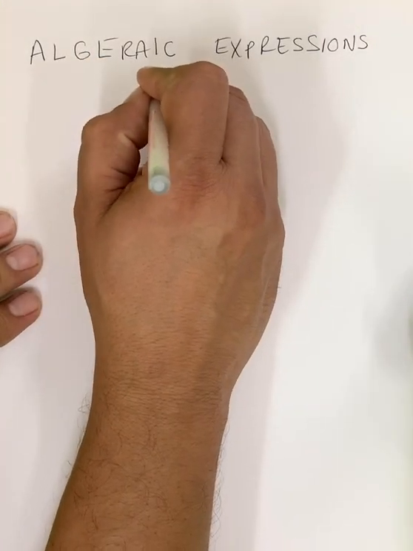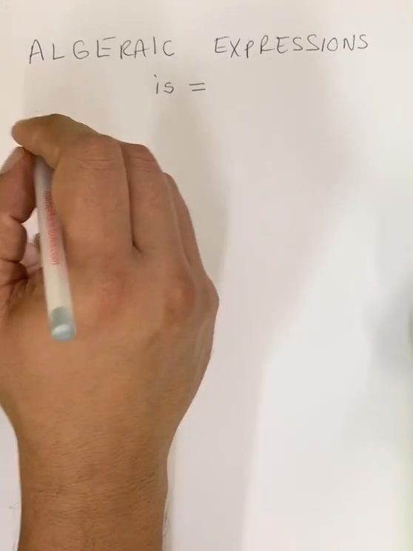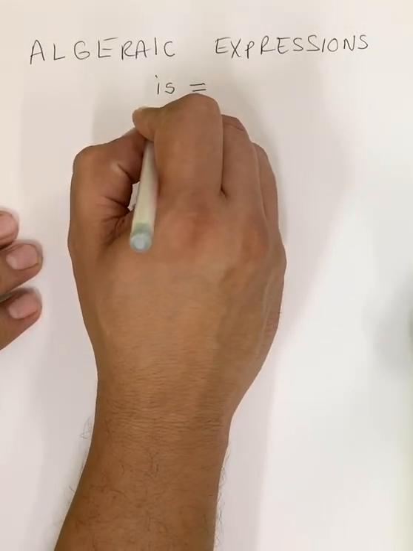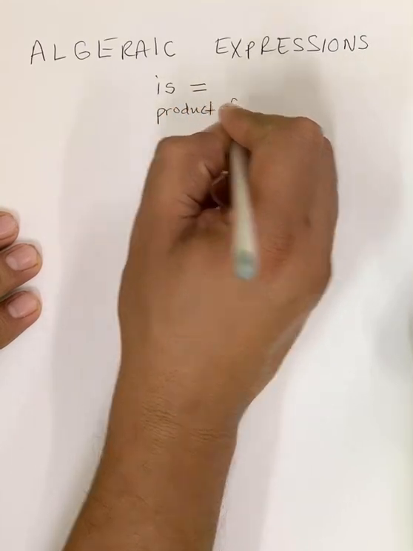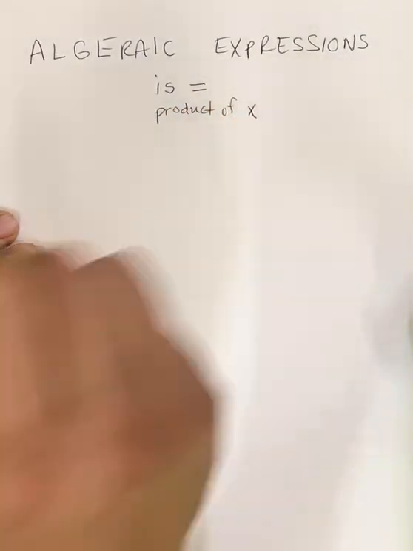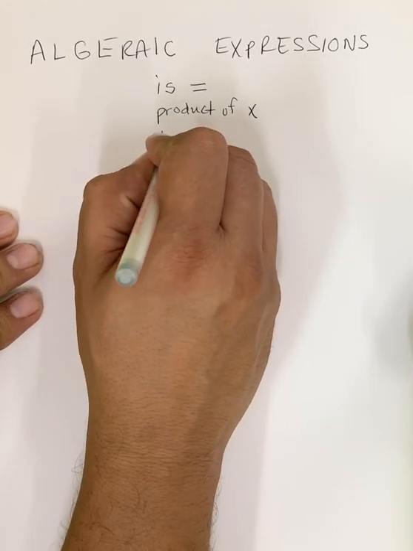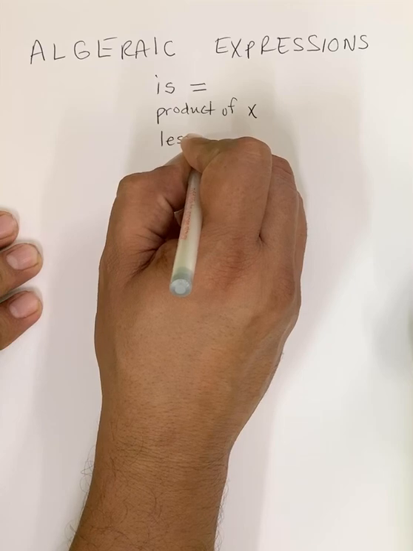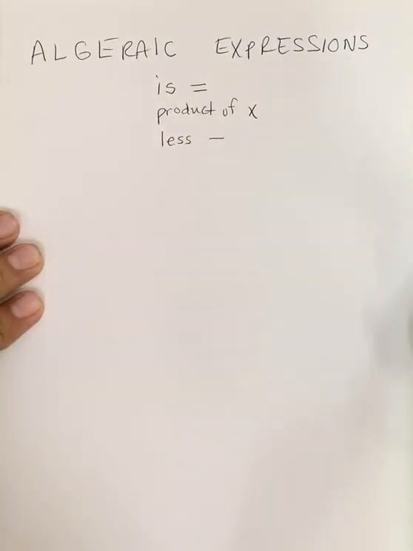So whenever you hear me say is, I'm talking about equals. Whenever you hear me say product of, I'm talking about multiplication, times table. Whenever you hear me say less, I'm talking about subtraction, being less than.